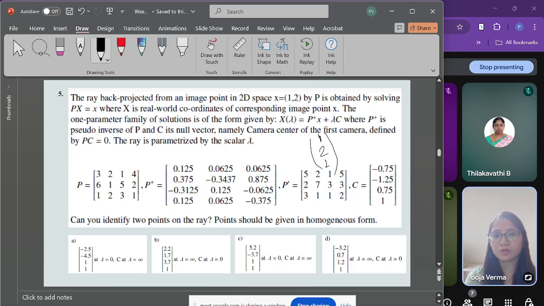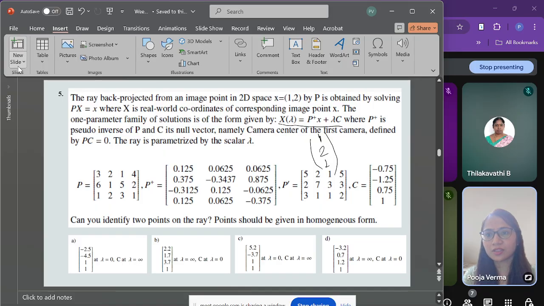Now we have to calculate the pseudo inverse of P times x plus lambda C, at different lambda values. Basically lambda equal to 0 and lambda equal to infinity, because only those two lambda points are given in the options. So just check the options for which values we have to calculate. Accordingly we will put the lambda values and calculate.